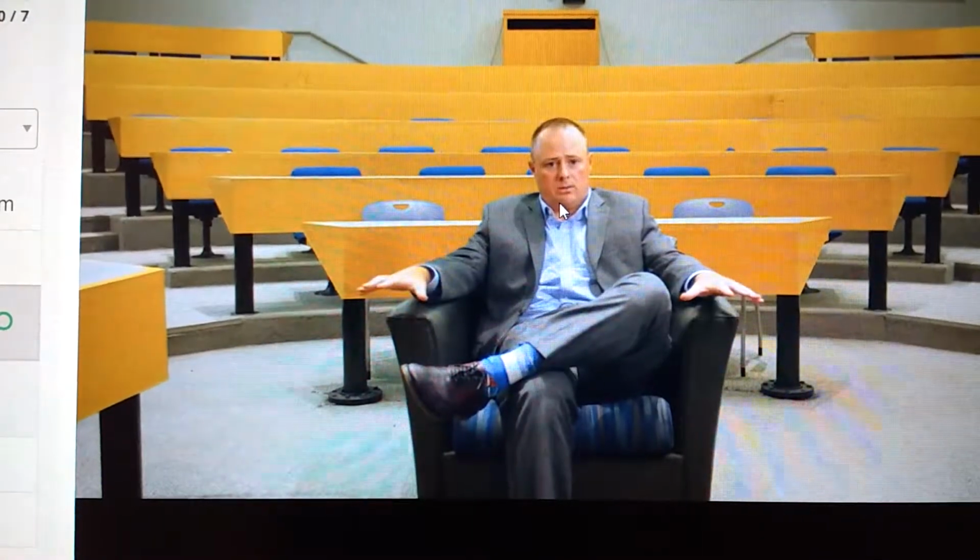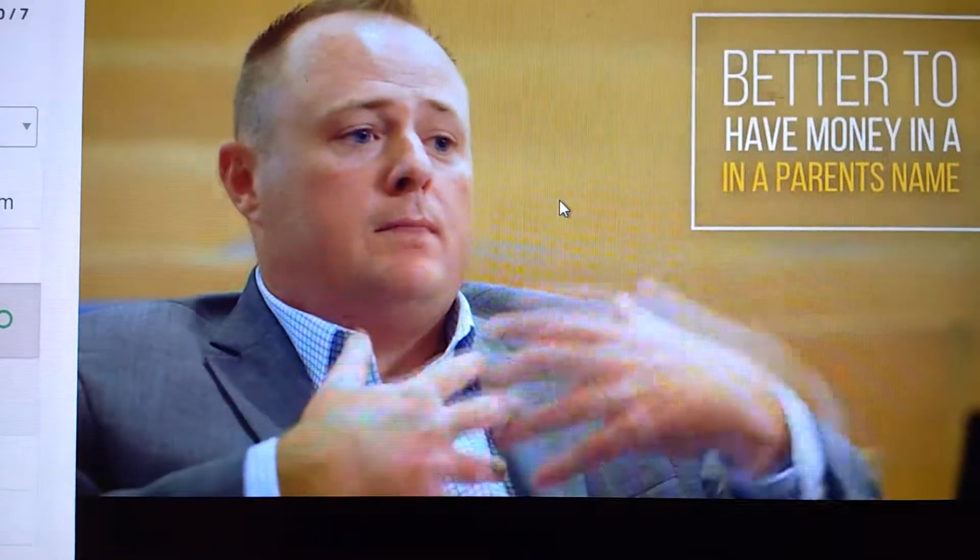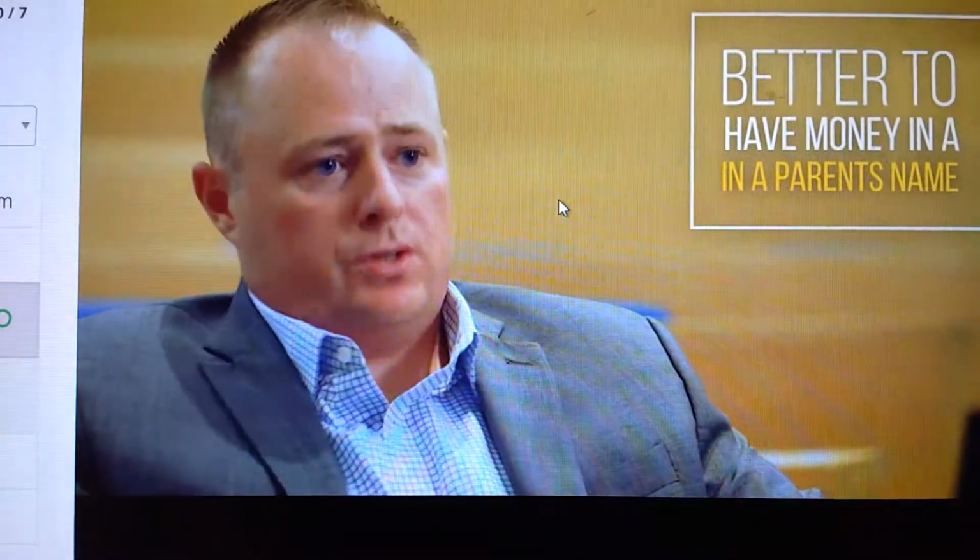The other issue is that students do not have what's called an asset protection allowance, whereas parents do. Parents are able to have, generally speaking, between $25,000 and $30,000 of non-retirement assets before it even starts to come into play. So it's much better to have money in a parent's name than it is a student.